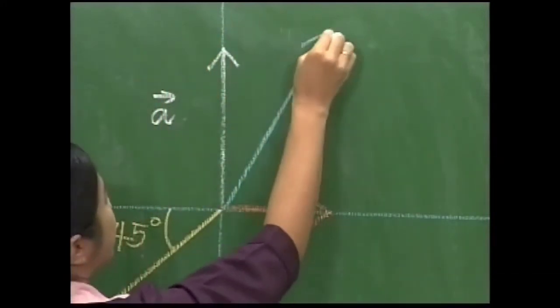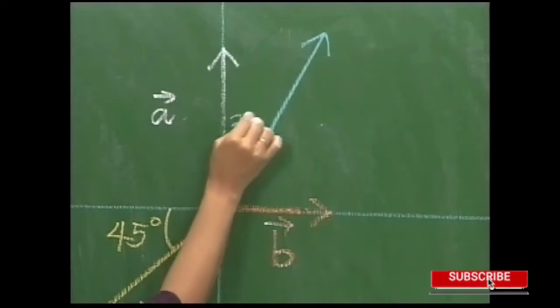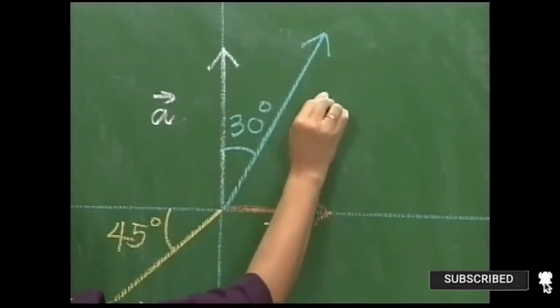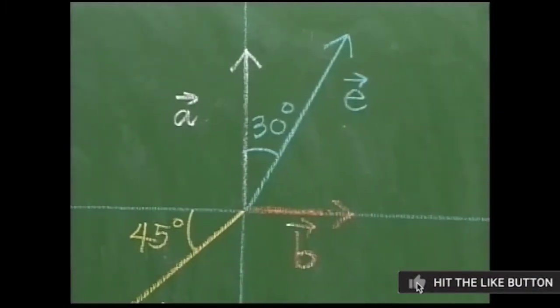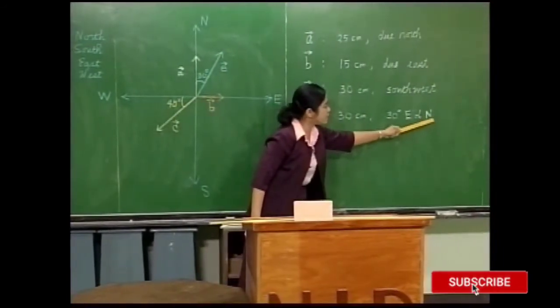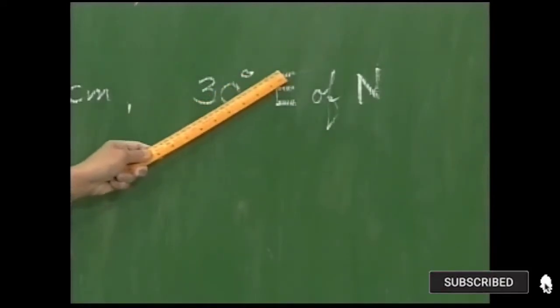Again, I put my arrow tip, and this angle will be 30 degrees. And this is my vector E. So again, 30 degrees east of north, you start with the north and move 30 degrees to the east.